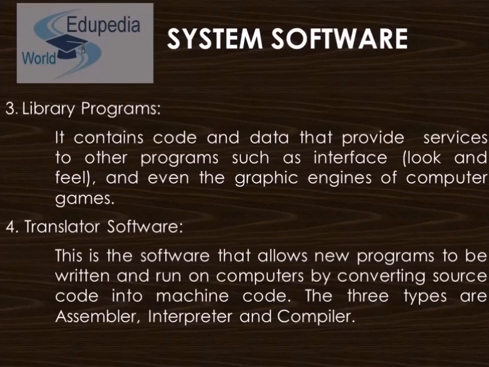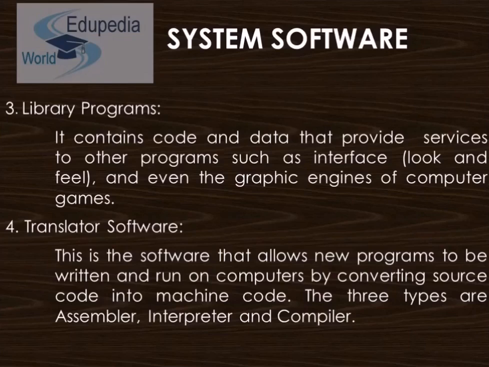If you have ever wondered why all Microsoft Office programs have the same look and feel, that is simply because they are using the same graphical user interface libraries, and also even the games are based on the same graphic engines. Simply, your Battlefield 3 and Need for Speed are using the same graphic engine at the back end.